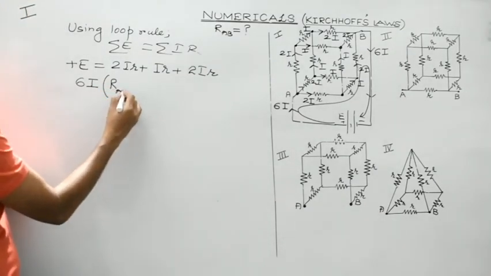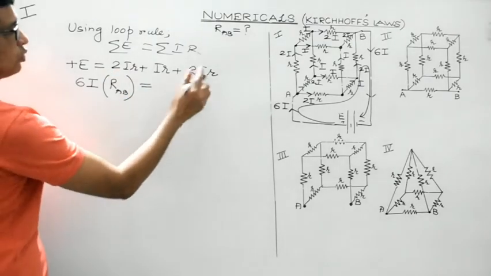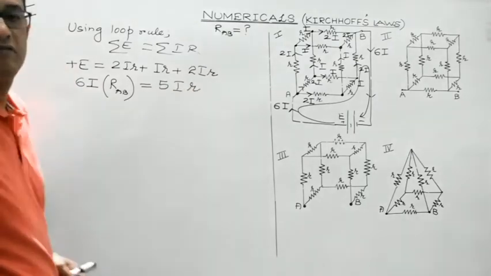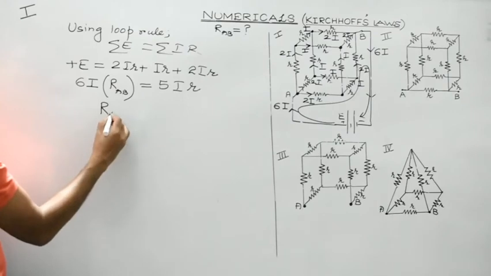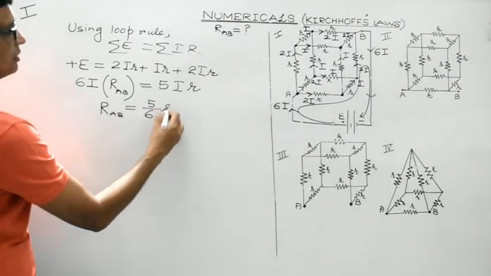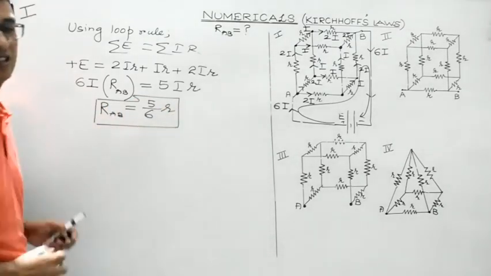This is to be found. And it is equal to 2IR plus IR plus 2IR. That will give us 5IR. Am I clear, students? So, rearranging the terms, what you get is RAB equals 5 by 6 R. So this is the solution of the first question.